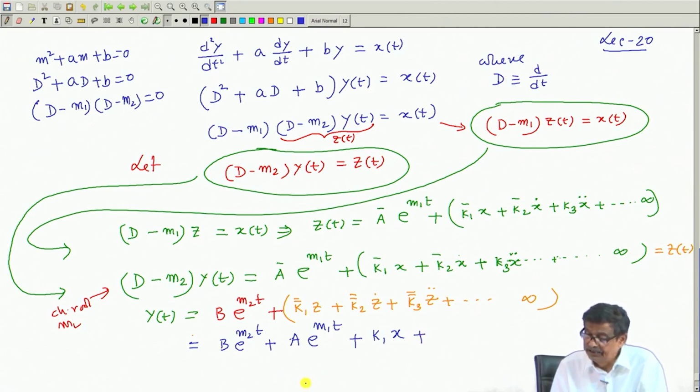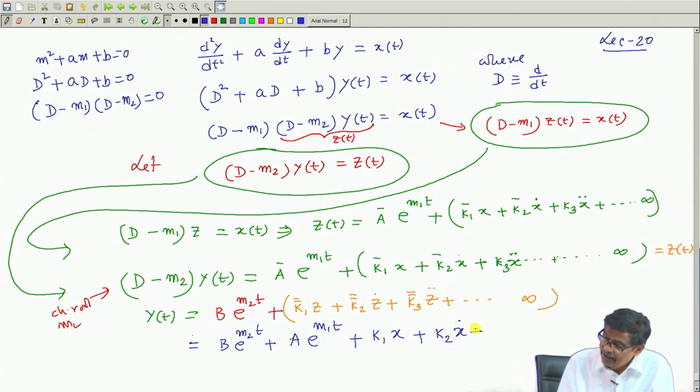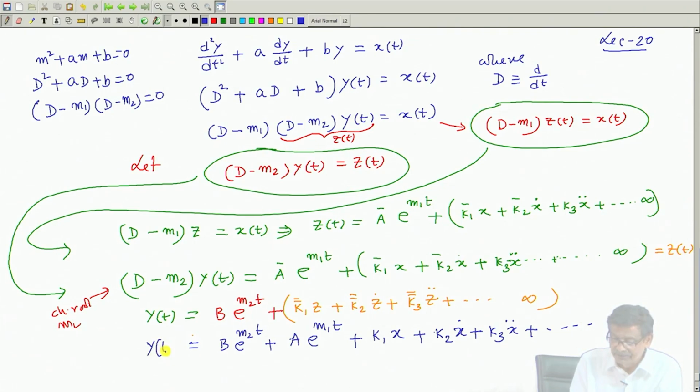Similarly, z dot will give you x dot, another x double dot will come here, another x triple dot, but I will collect all the terms having x dot and whatever constant in the bracket I will get, I will write it as x 2 dot. And this way the basic nature does not change ultimately. Therefore, you see the solution when the forcing function or when the system is a second order system will be exactly same. Okay, these steps I am not going to do.